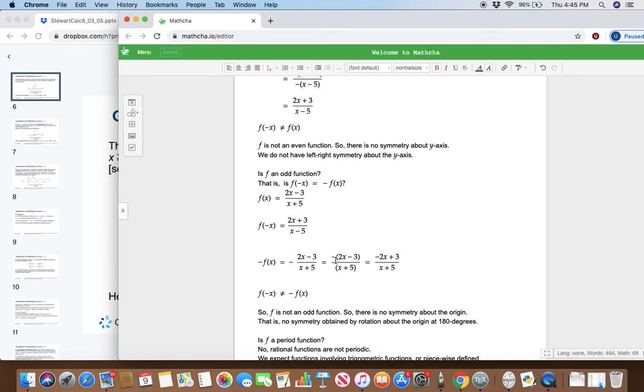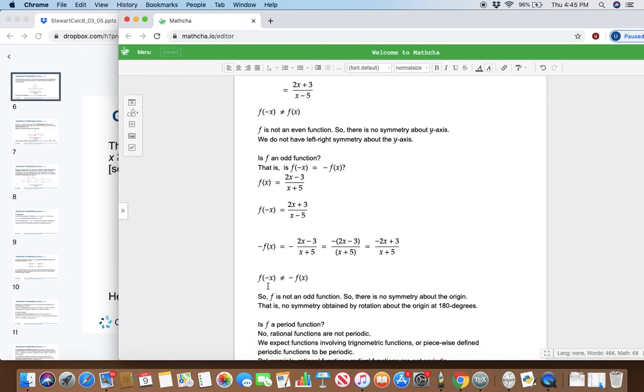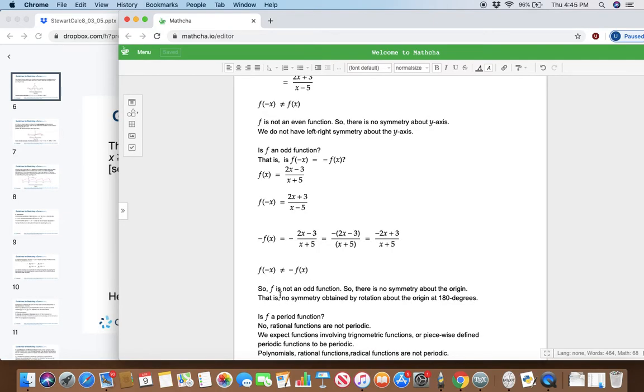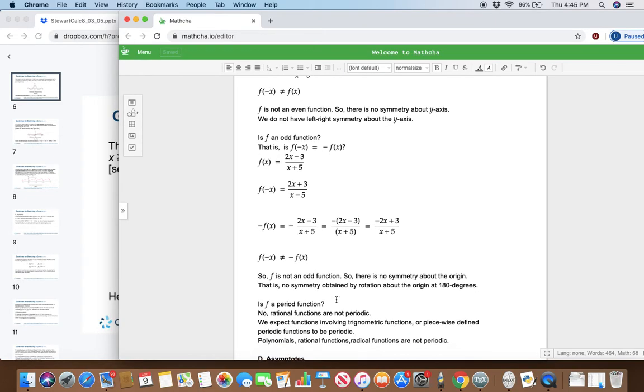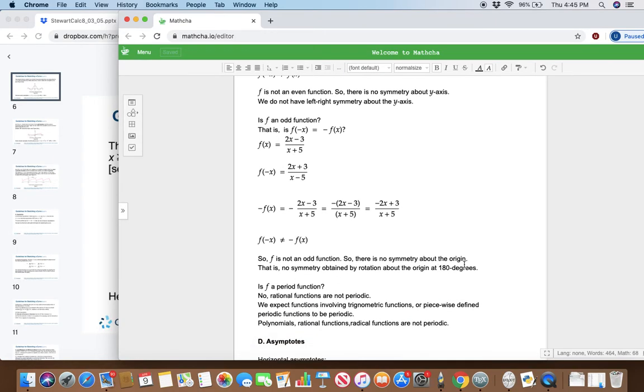So I'm taking it upstairs. Now that the negative distributes, does it still equate to this? No. You have to manipulate and see whether you get it in any way. Even after manipulations, we are not getting f of negative x to be the same as negative f of x. So f is not an odd function. Therefore, there is no symmetry about the origin.